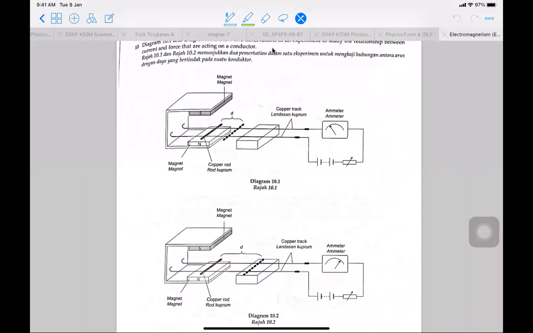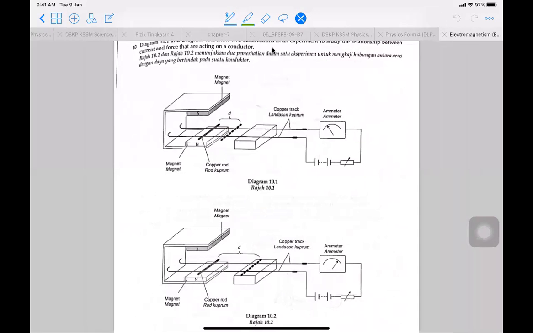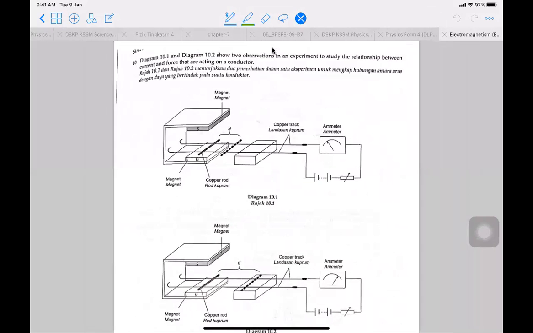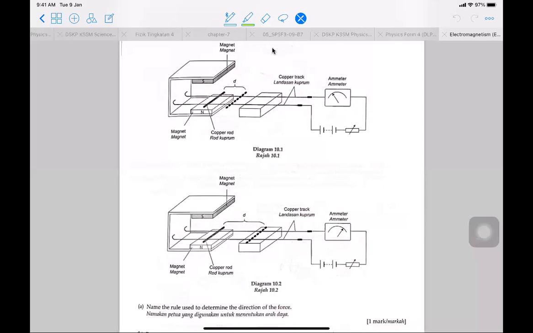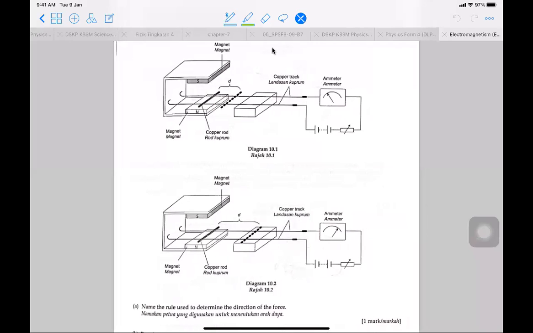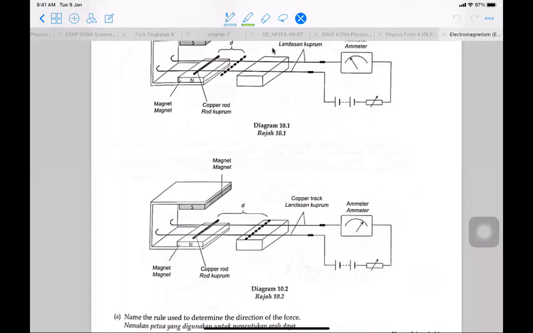Okay. So referring to this question, diagram 10.1 and diagram 10.2 show two observations in an experiment to study the relationship between current and force that are acting on a conductor. Question A, name the rule used to determine the direction of the force. So what will be the answer for this one?